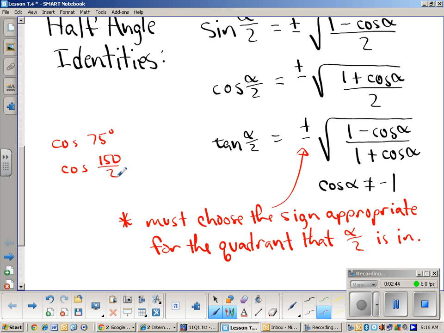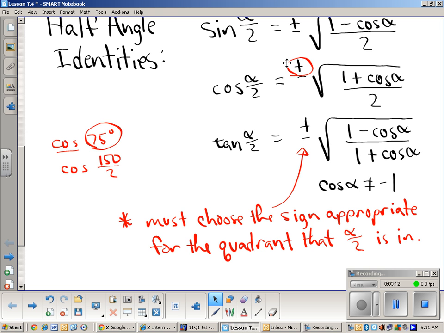So the question is, what quadrant is this angle in? Louder, please. Quadrant 1. And in quadrant 1, cosine is positive, so we have to use the positive one that represents cosine in that quadrant.